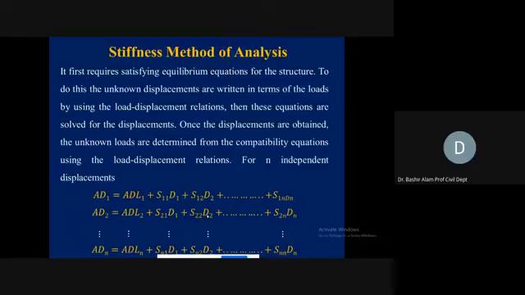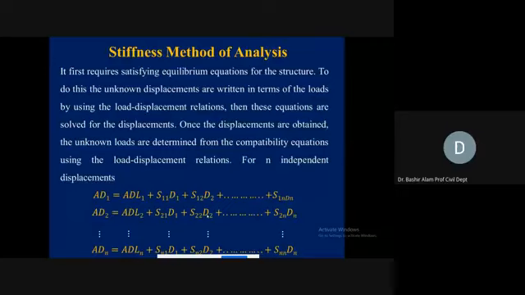So what we do now is, the unknown displacements are written in terms of the loads. Because of the hinge support, it was rotating by a certain amount, and because of that rotation, moment was zero.